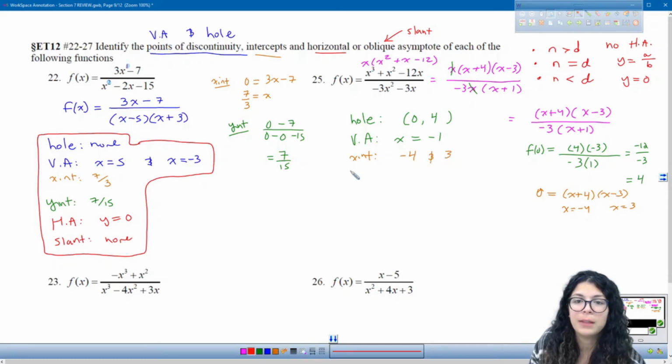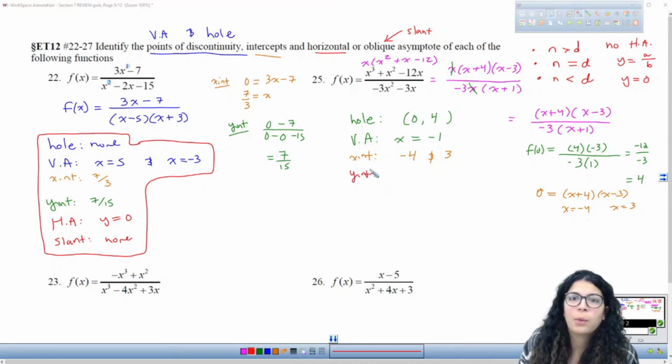Next, let's find the y-intercept. The y-intercept is found by setting x to be 0. So imagine if we zeroed out these values, we would end up with 0 divided by 0. And you can't divide by 0 in the denominator, because if you divide by 0, you get an error. You can't take something and make groups of nothing.